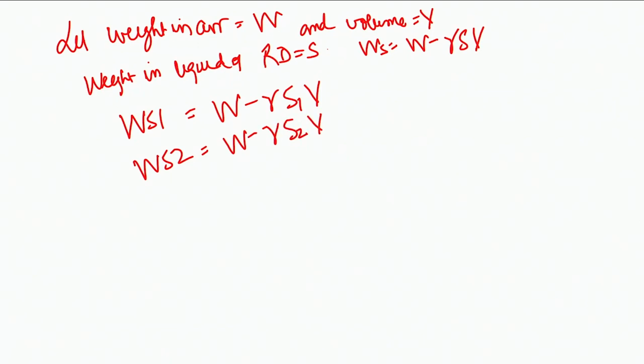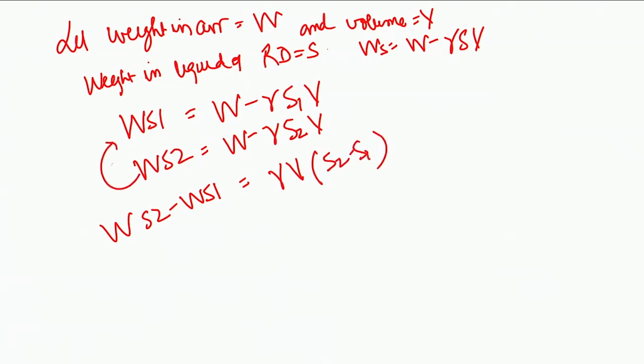So what we do is we simply subtract the first from the second, so it will be Ws2 minus Ws1 is equal to gamma V (S2 minus S1), simply this minus this.